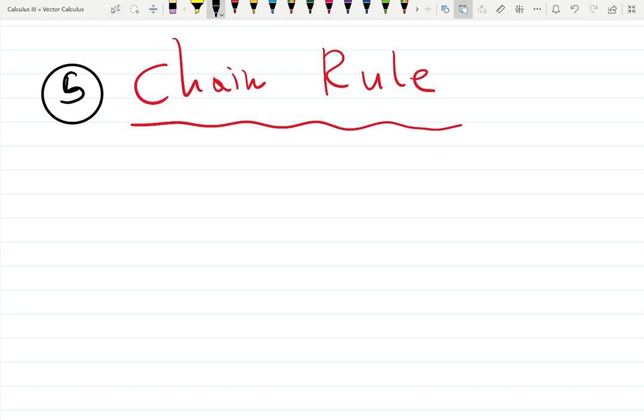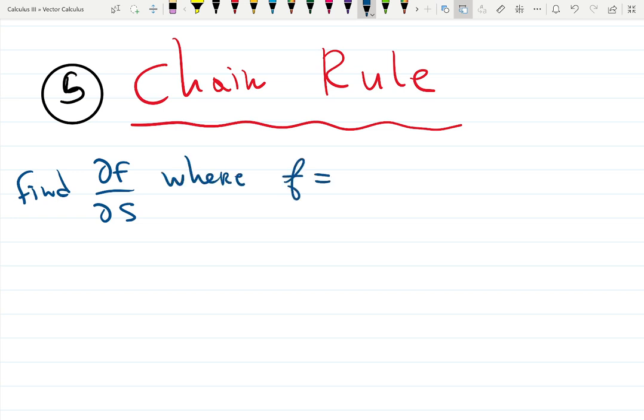Chain rule. Let's do this. Find the partial derivative of f with respect to s, where f is a function of x, y, z, and w. It has 4 inputs, so the output is a fifth dimension, as you understand.